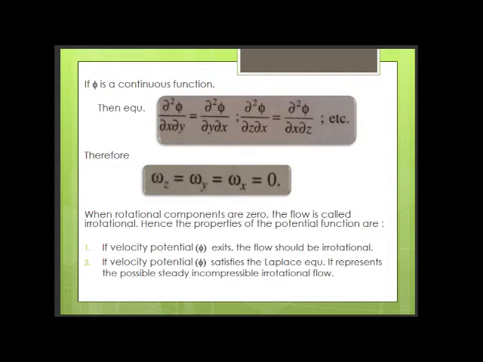From this we conclude the properties of the potential function: when the potential function phi exists, the flow is irrotational. And when the potential function satisfies the Laplace equation, which we saw previously, then it represents a possible steady incompressible irrotational flow.